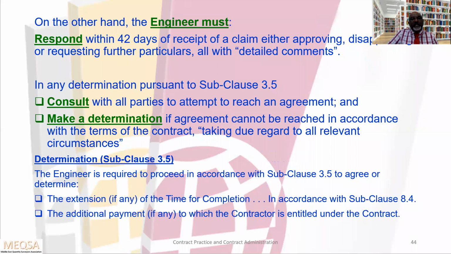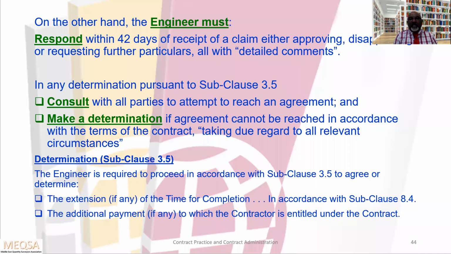On the other hand, the engineer must respond within 42 days of receipt of a claim, either approving, disapproving, or requesting further particulars, all with detailed comments.